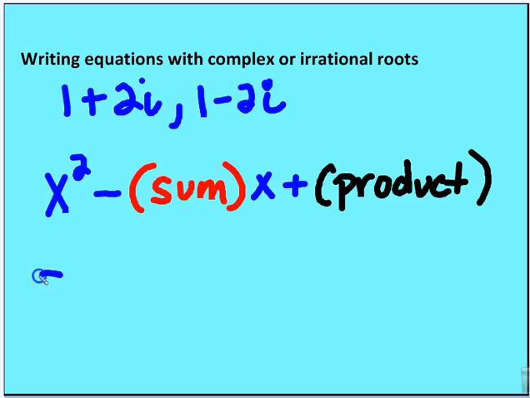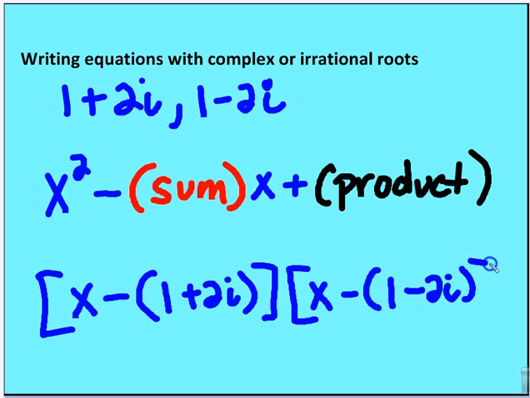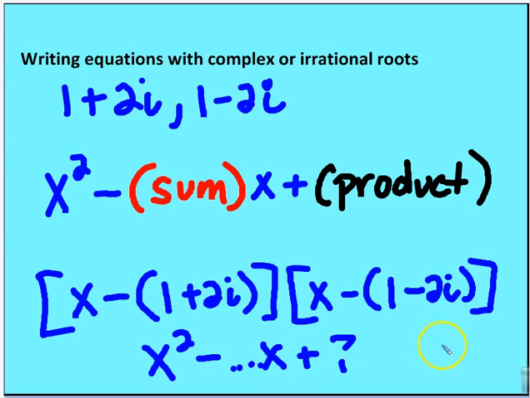And so trying to write (x minus 1 plus 2i) times (x minus 1 minus 2i), and then finding the resultant polynomial is going to be a rather cumbersome process, which we don't want to do.